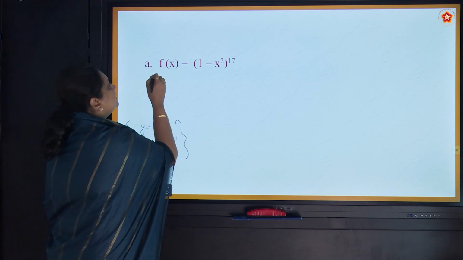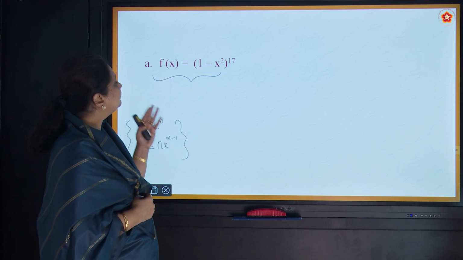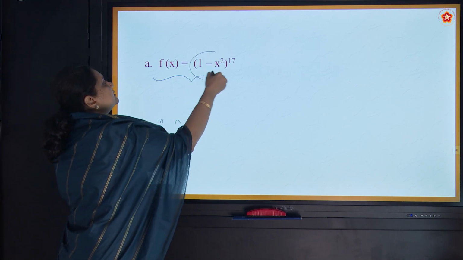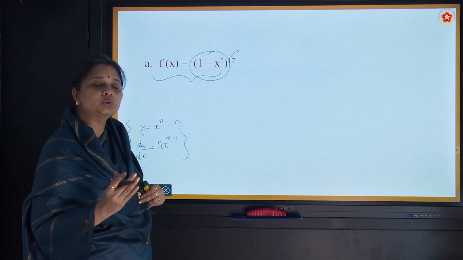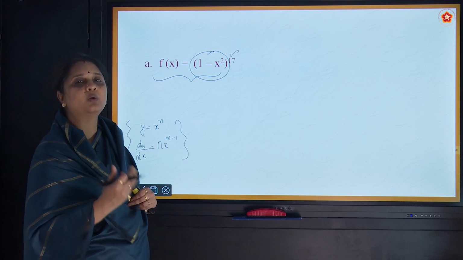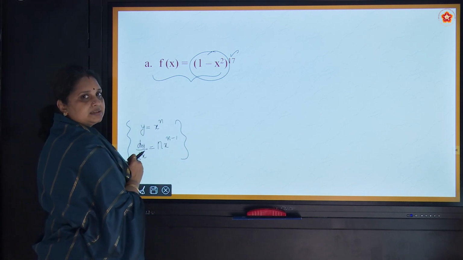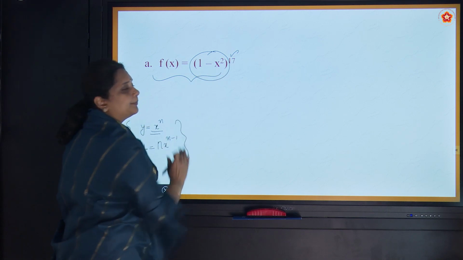Now, in this video, we are going to learn how to differentiate a function when there is a polynomial that is raised to a power. Meaning 2-3 results put together, how are we going to differentiate it and how are we going to apply it? Let's observe this. Here there's only one single variable, but here there is a polynomial.